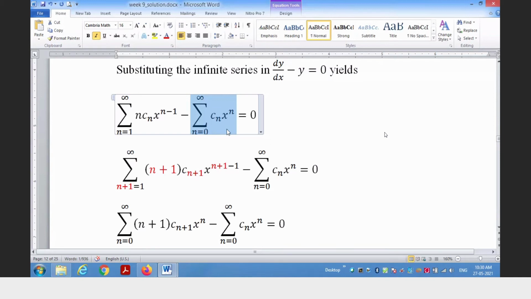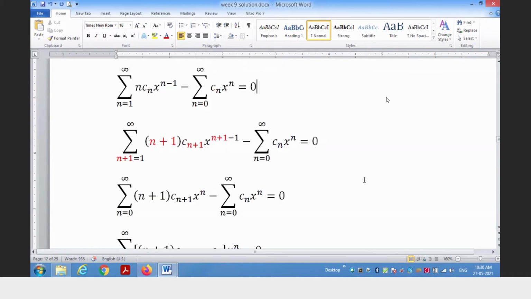The second summation remains unchanged. Similarly, you can also convert to x to the power of n minus 1. In this case, the first summation remains unchanged, but you replace n with n minus 1 in the other. It doesn't matter, the answer will remain the same. It's up to you which one you want to change, up to your creativity.